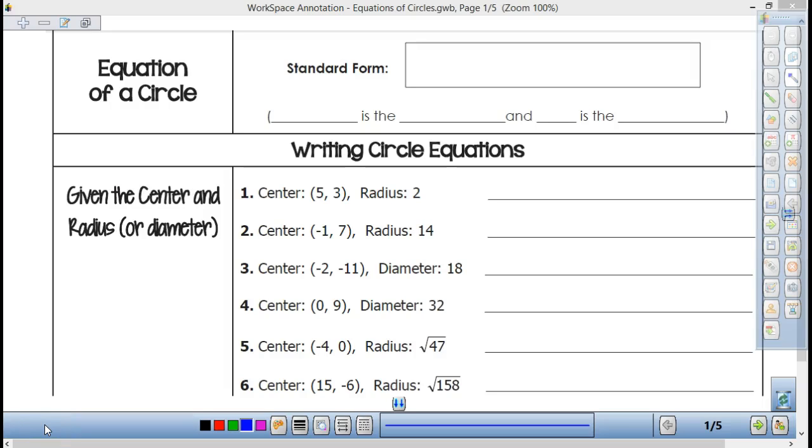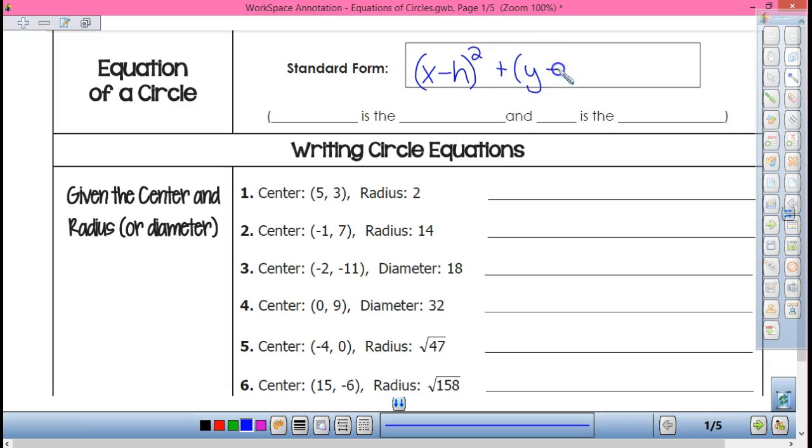Circles. Okay? Now, if we're going to graph circles, we need an equation. Our equation is (x - h)² + (y - k)² = r².